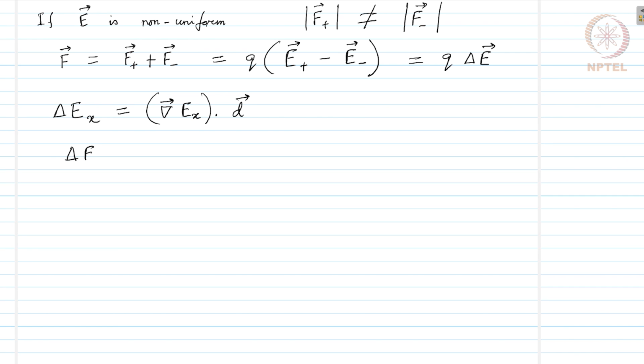So, delta E can be given as d dot del applied on the electric field vector. That means the total force on this molecule is given as the dipole moment dot del vector times the electric field.